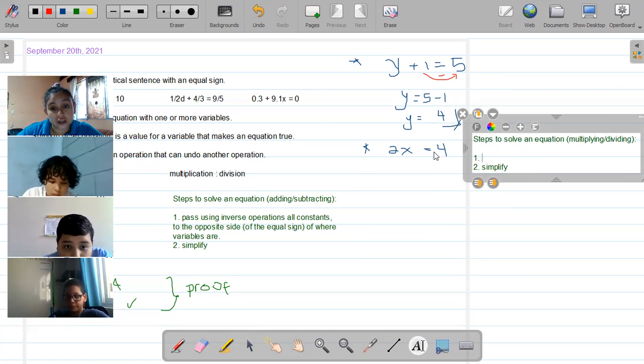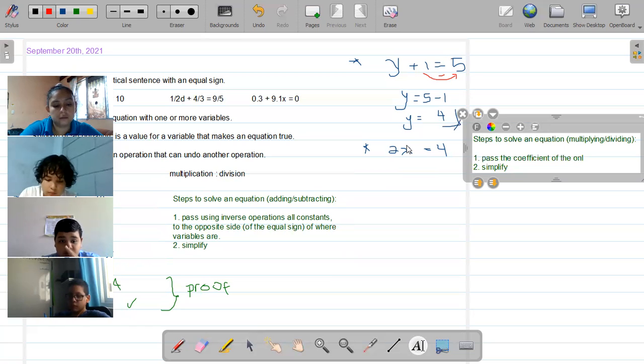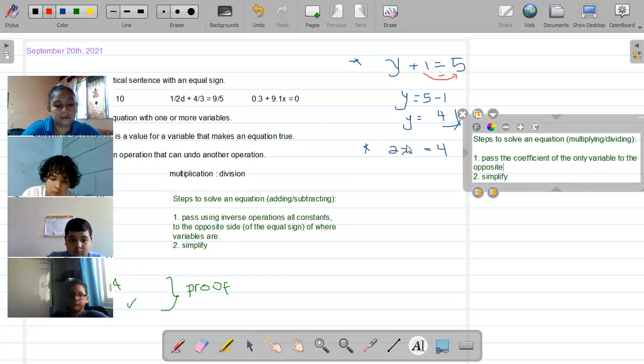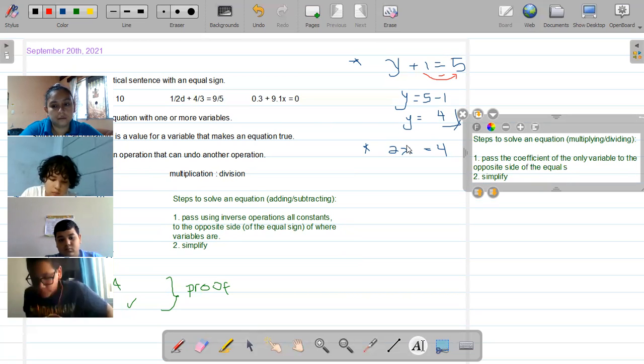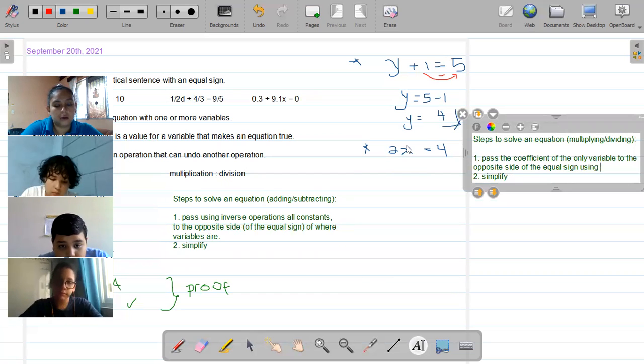There's no subtraction. And this is only a multiplication between 2 and the variable x. What are we going to do? We're going to pass the coefficient of the only variable to the opposite side of the equal sign using inverse operation.